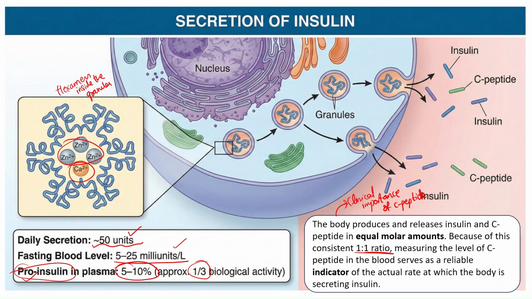Because of this consistent relationship, measuring C-peptide levels acts as a reliable clinical indicator for actual rate of insulin secretion by the pancreas. The half-life of insulin is just 5 minutes in the blood. So if you measure C-peptide, which has a larger half-life, it is equal to measuring the levels of insulin because the body produces and releases both insulin and the C-peptide in 1:1 ratio.